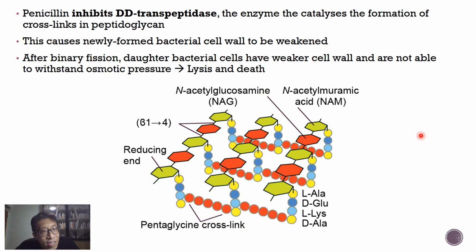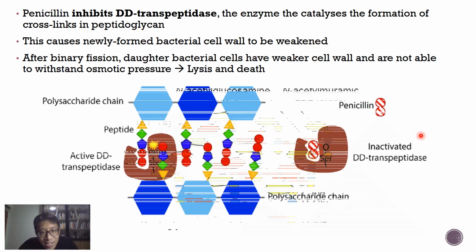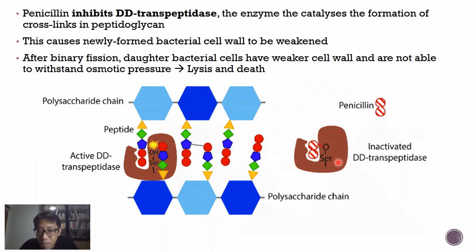What penicillin does is inhibit DD transpeptidase, so the cross linkages between different chains are not formed, as you can see here. This is the cross linkage between the two chains.